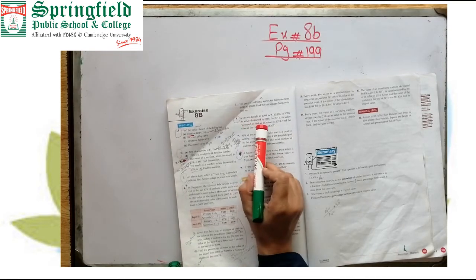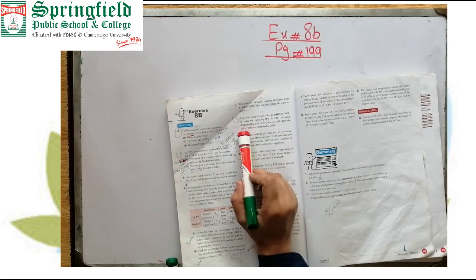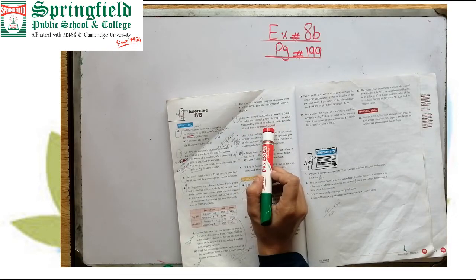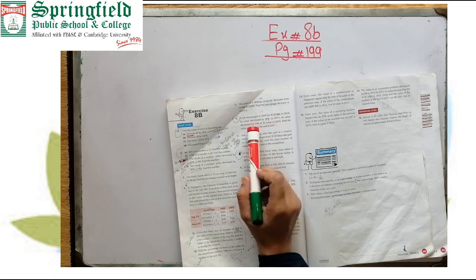A car was bought in 2009 for this, which means the price of the car in 2009 is equal to this. In 2010 the value decreased 20%, so we will first find the value of the car in 2010.